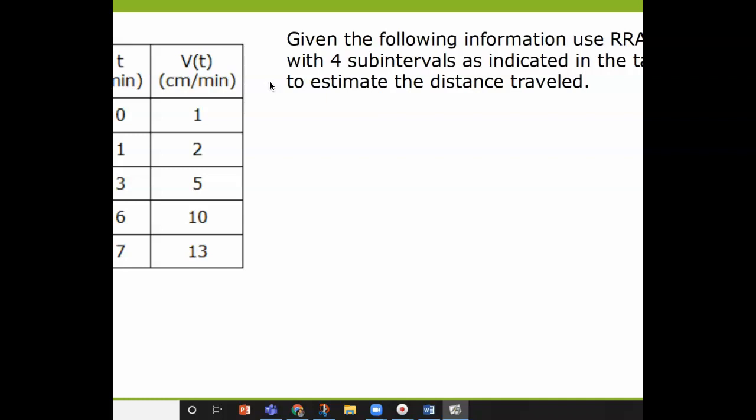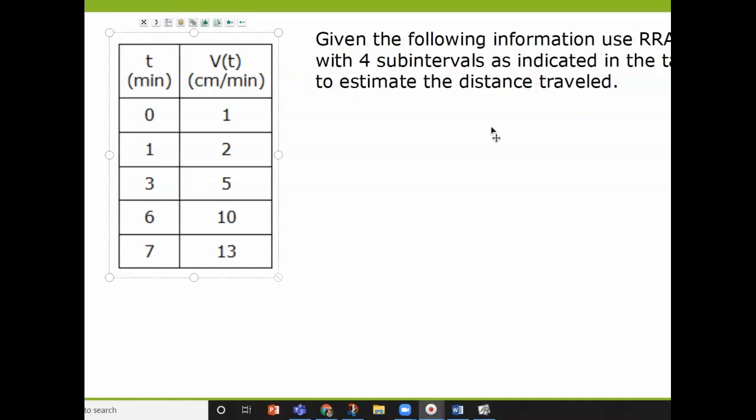So this is a case where I was saying that you can't use a single delta x, because my delta x is constantly changing. Construct 4 rectangles and determine the new widths of each rectangle. So that has a width of 1, this has a width of 2, 3, and back to 1.